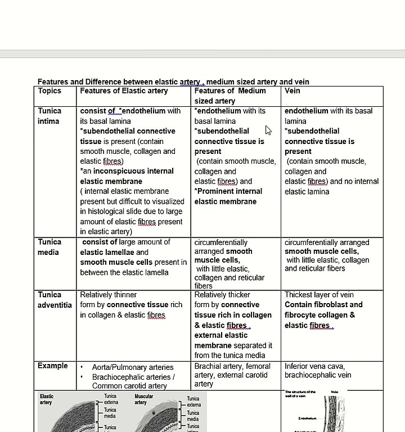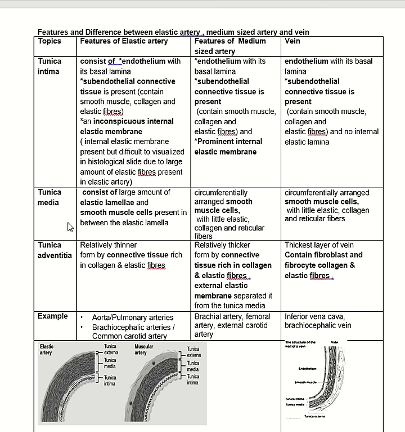Subendothelial connective tissue is also present in all types of artery and vein, and internal elastic lamina is present in elastic artery, but it's not clearly separated due to the presence of a huge number of elastic laminae in the tunica media of the elastic artery. You can easily see the internal elastic membrane in medium-sized artery, and the internal elastic membrane is absent in vein.